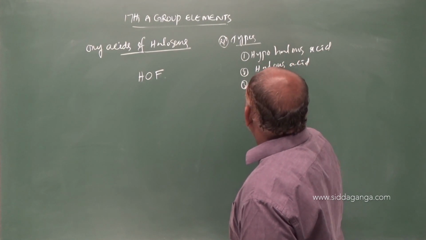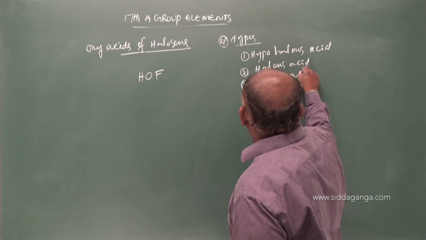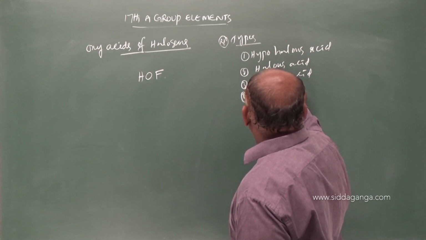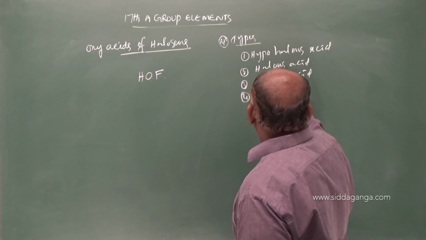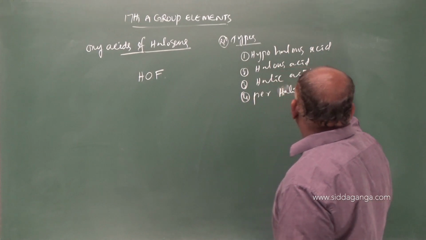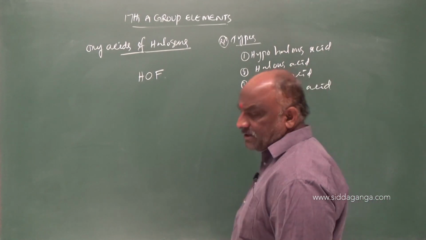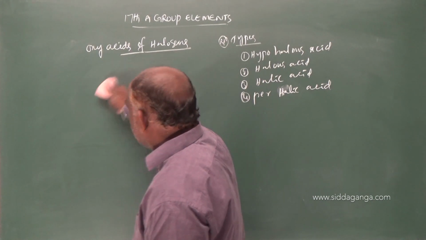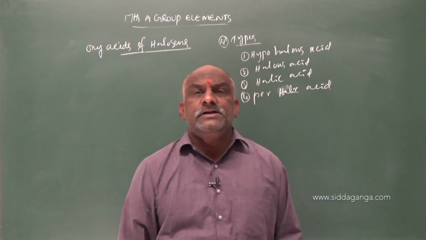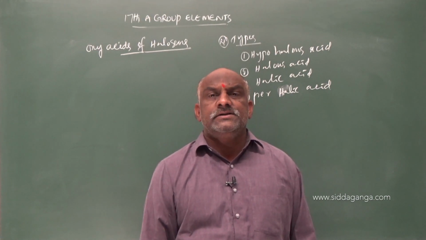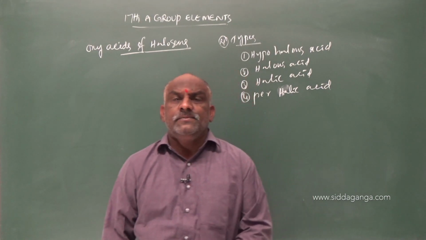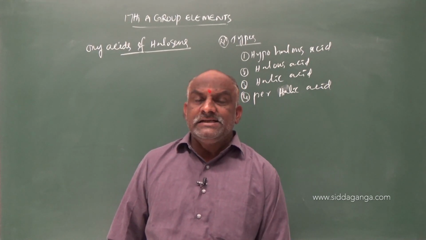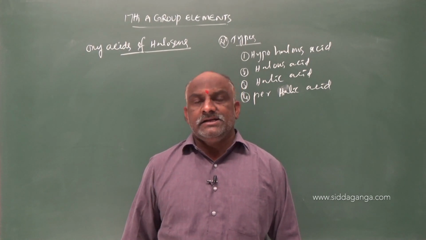Type 3, halic acid. Type 4, perhalic acid. These are the 4 types. We should write this one later. So these are the 4 types of oxyacids: hypohalous acid, halous acid, halic acid, perhalic acid.